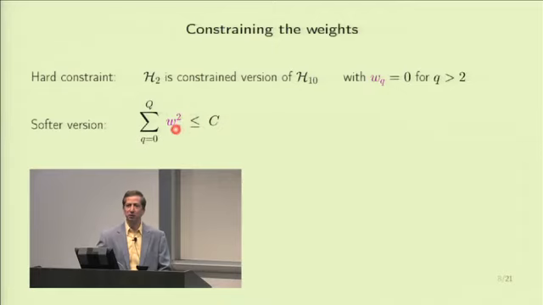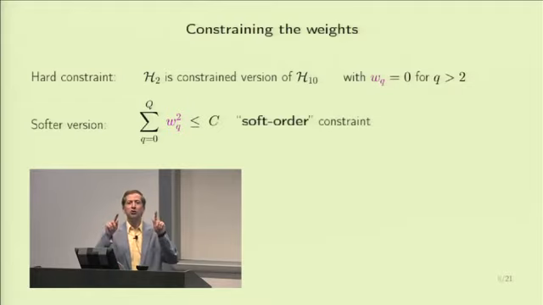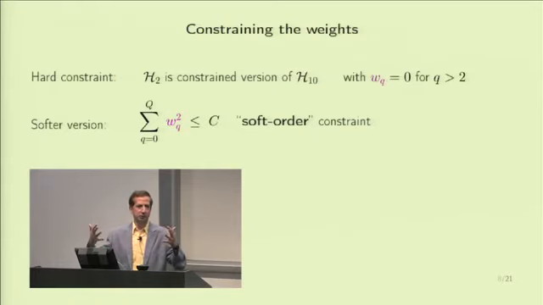So if you have some of them 0, that leaves more in the budget for you to play around with the rest of the guys, okay? And because of this, if you think of the earlier one as a hard order constraint, that is, you say it's 2, anything above 2 is 0, okay? Here you can deal with it as if it's a soft order constraint, okay? I'm not really excluding any orders, whatever. I'm just making it harder for you to play around with all the powers, okay?